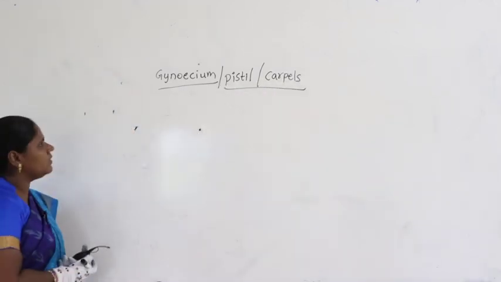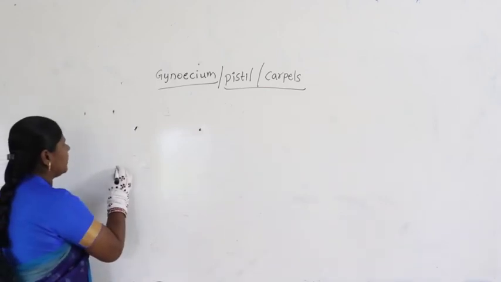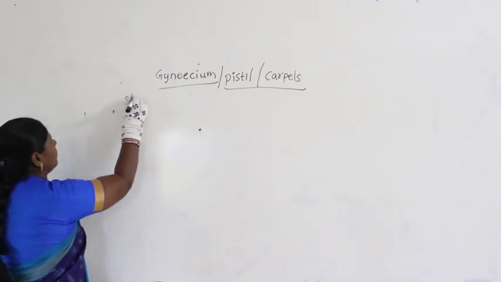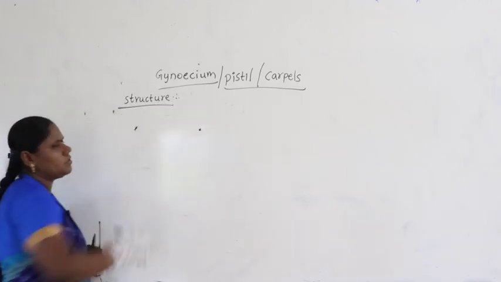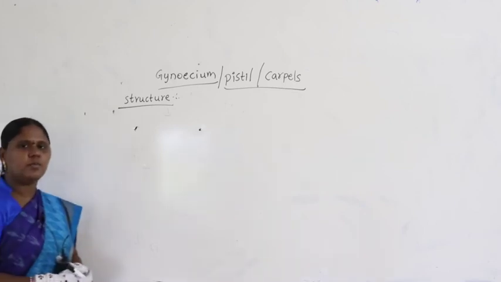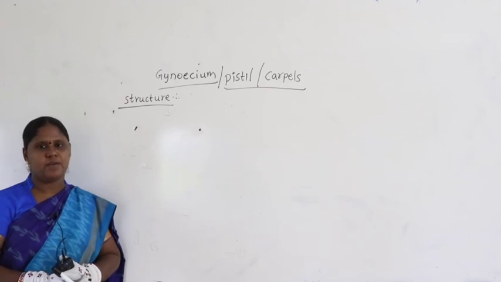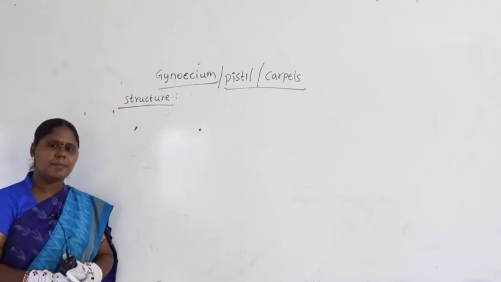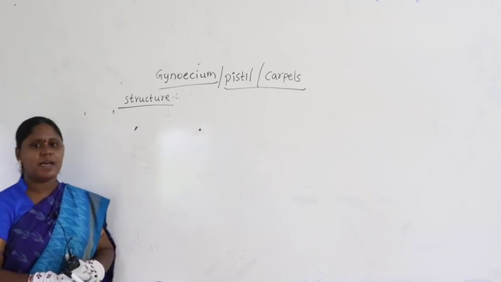Now within the flower, let us look at the structure of gynoecium. Generally when you take a bisexual flower, both androecium and gynoecium are present. When you take a pistillate flower, or carpellate flower, a unisexual flower, then we find only gynoecium.